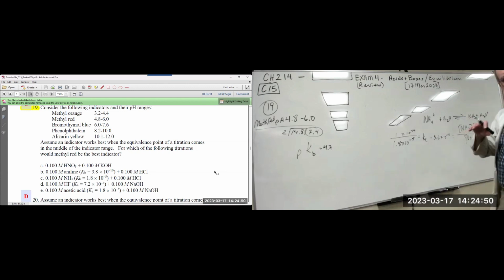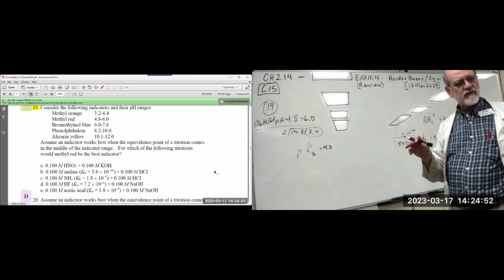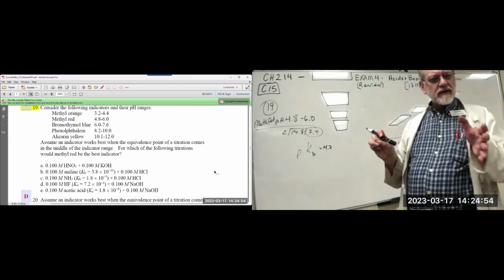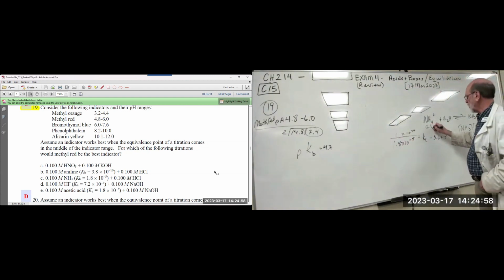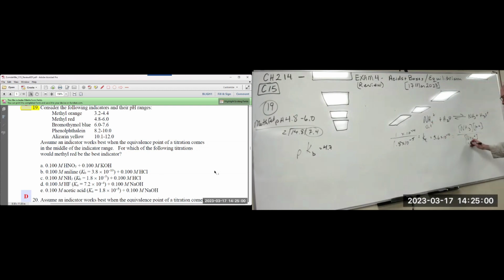If we went all the way, this is a stoichiometry problem first. If we went all the way to the right, we would have 0.1 molar here, so 0.1 there, and this is X and this is X. So we got 5.6 times 10 to the minus 11 times that one, and then the square root for the x.